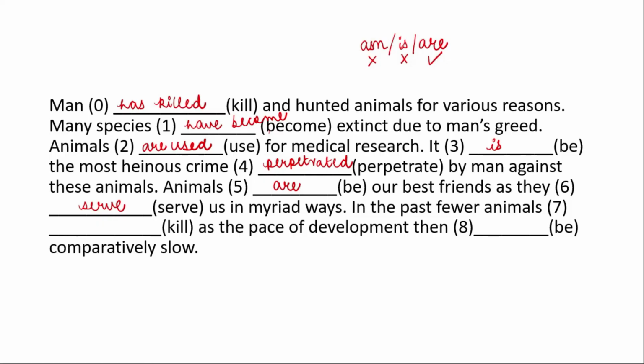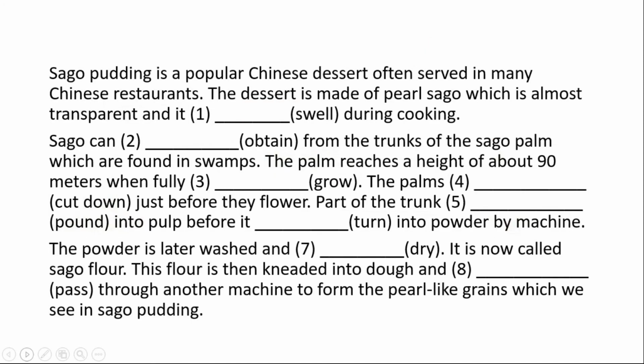In the past, fewer animals were killed. Past tense. As the pace of development then, again past, so the past form will be was. The pace of development then was comparatively slow. I hope it's clear. Let's move to the next set of questions.